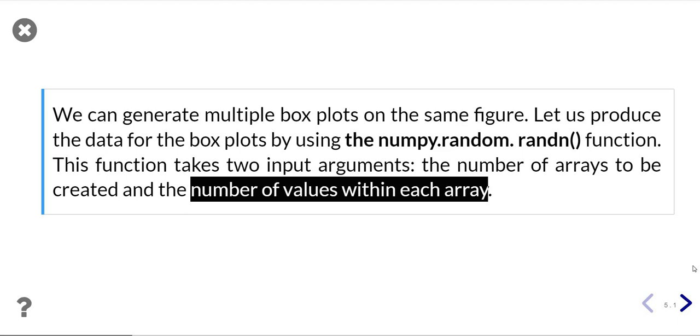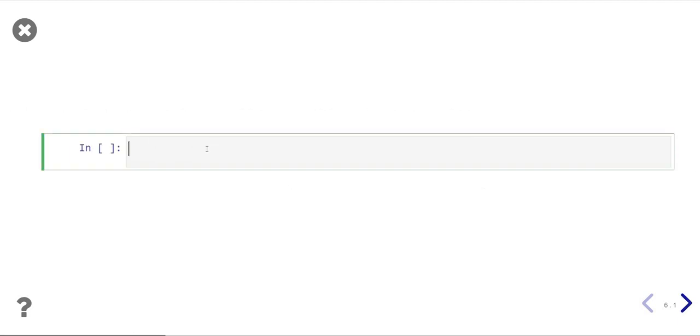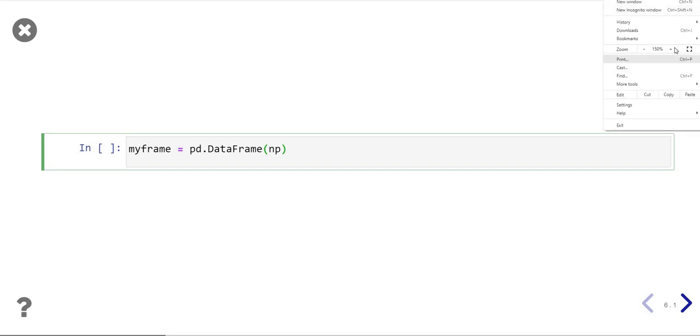So let's see how we can do that. Let's create a data frame called my frame, and we are going to use pandas to create the data frame. So we need to use the data frame constructor. And inside the data frame, we're going to use this random function.